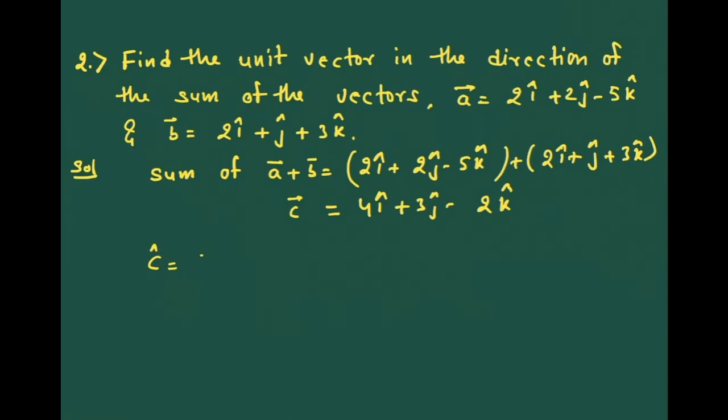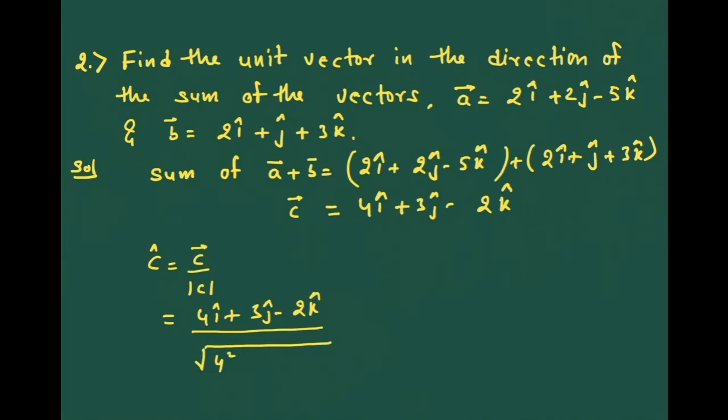Now unit vector of C is C cap, and the formula is C vector upon mod of C vector. So it is equal to 4i cap plus 3j cap minus 2k cap upon the mod, which is given by the formula 4 square plus 3 square plus minus 2 whole square.